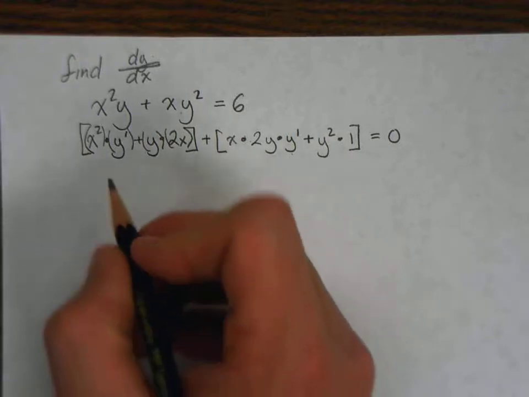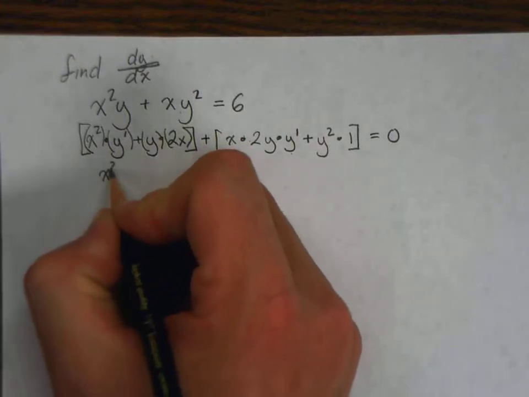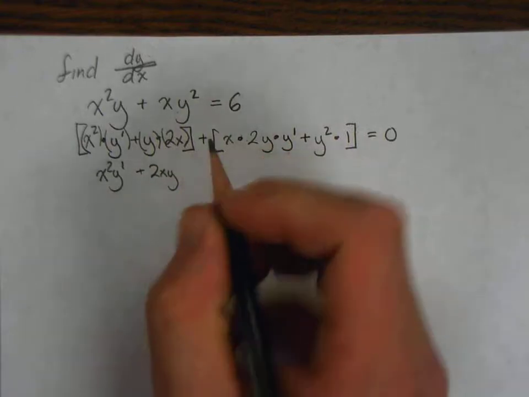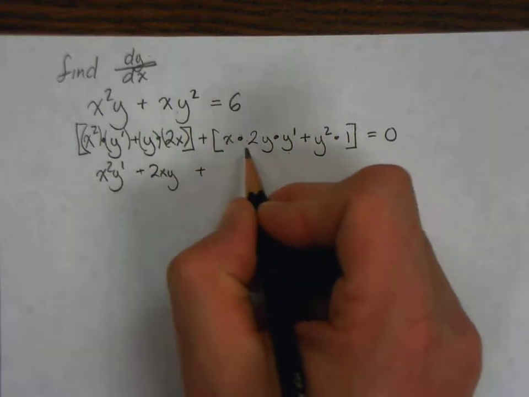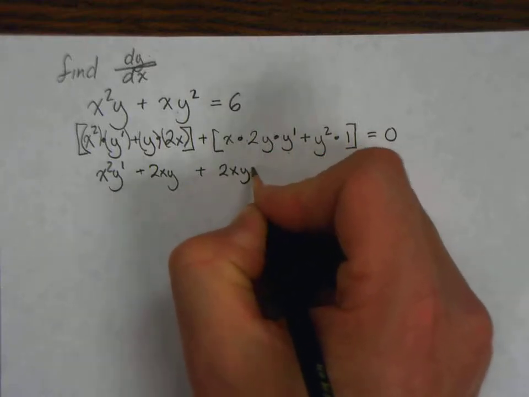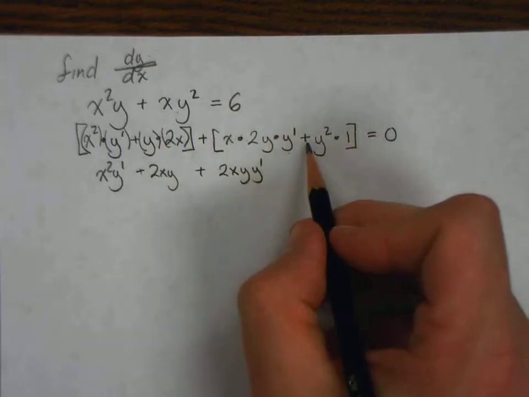So I'm going to do some algebra. I have x squared y prime plus 2xy, that doesn't have a y prime, plus 2xy prime, plus y squared.